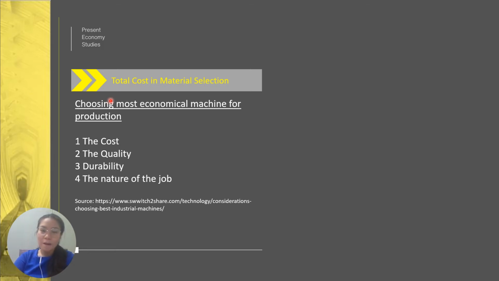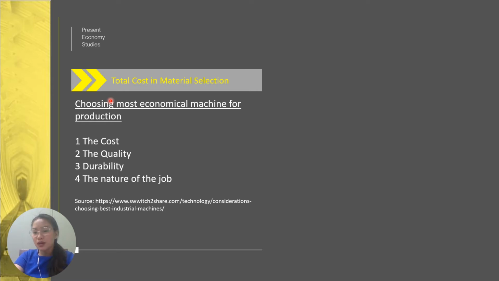But actually, there are also good brands that offer the same quality at a cheaper price. So we have to look at the quality also. Also the durability. Machines are very expensive, and this requires that while purchasing, we ensure the machine can serve you for a long time without bringing problems.